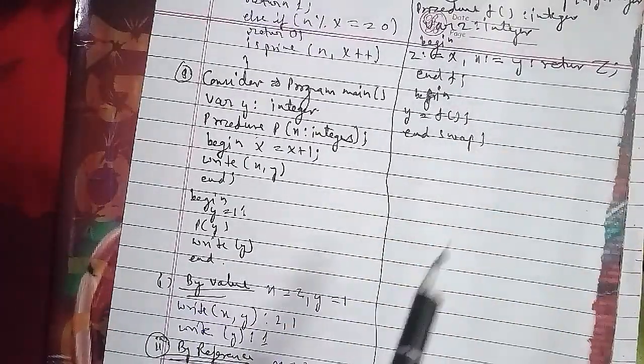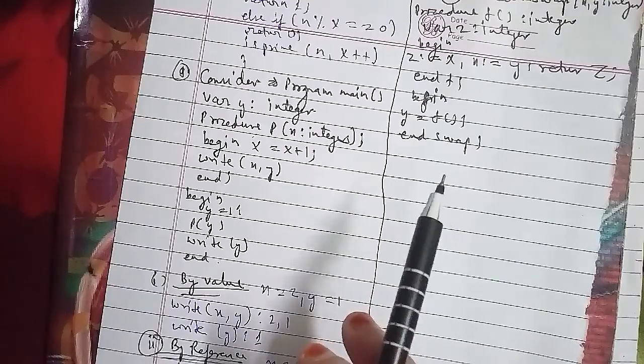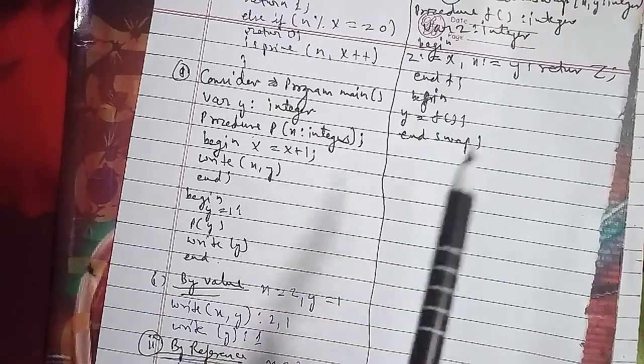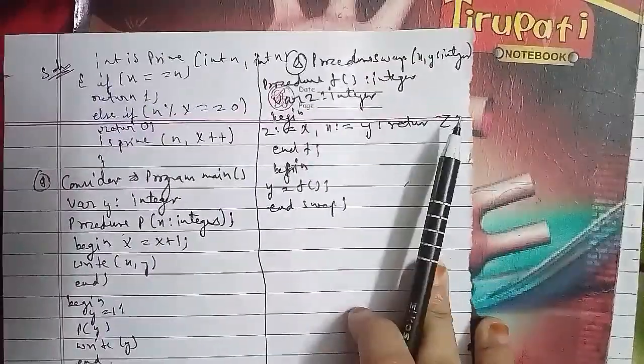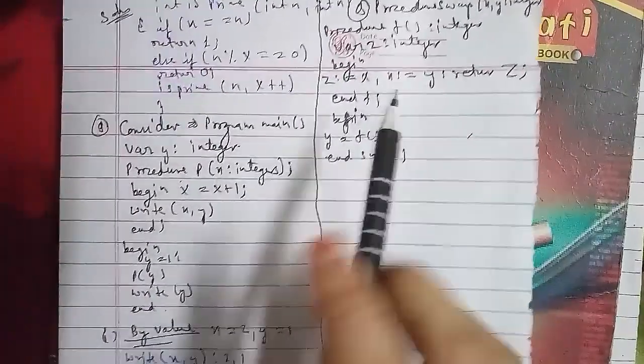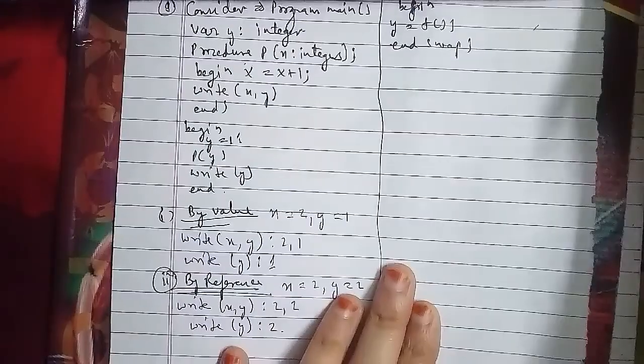So there will be no change in the caller function, but the value of the callee will be changed, and hence in the case of call by value, the value will be swapped here, of I and a of I as well.